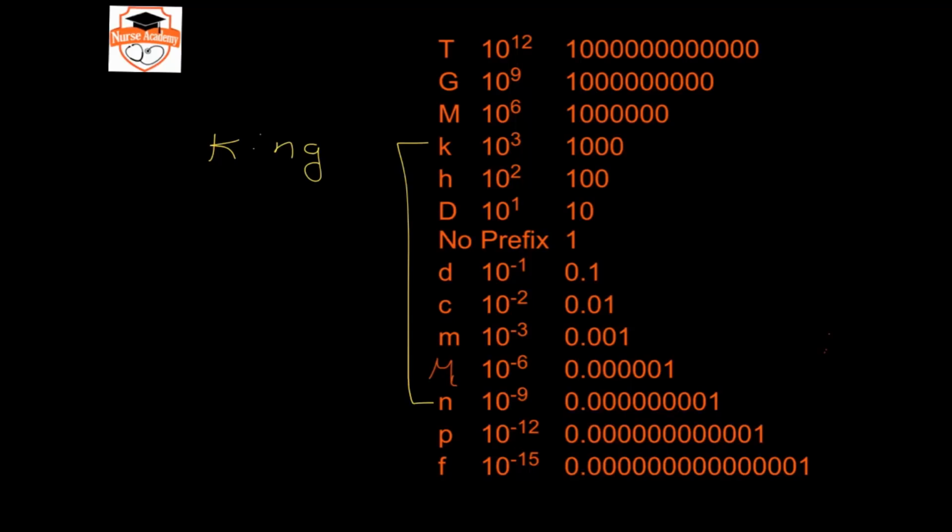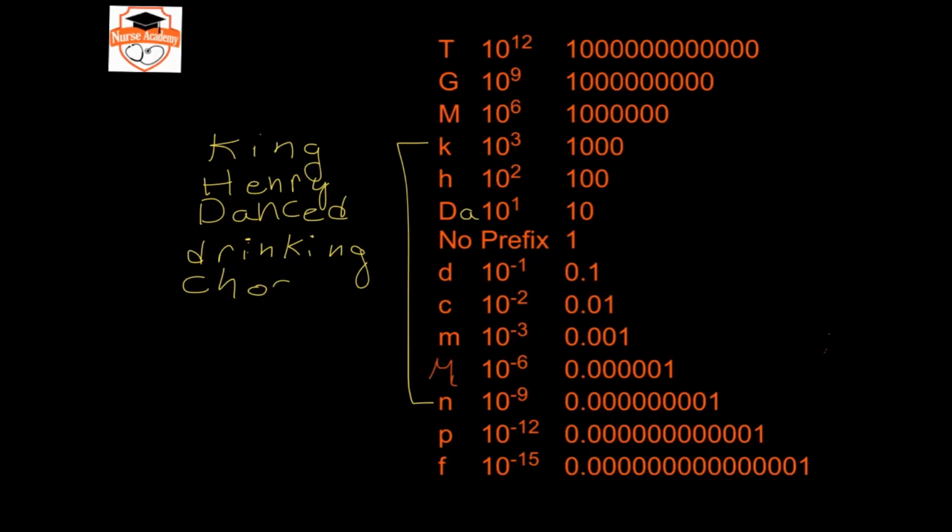And it is that King Henry danced, and some textbooks will also write that as shorthand for Deca as a DA rather than a capital D versus a lowercase d. So this has to be a DA word. Danced, drinking, chocolate, milk, many, that's a mu right there. So if we can remember that the second one is the mu symbol, nights.